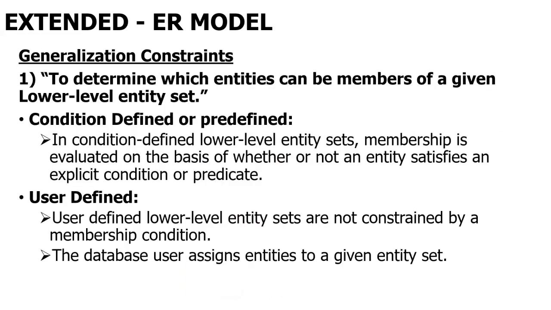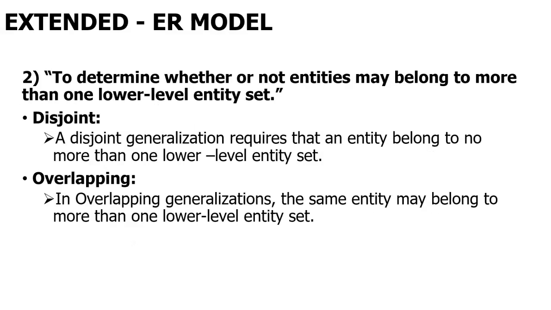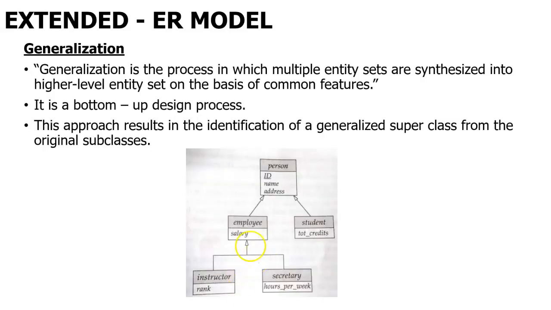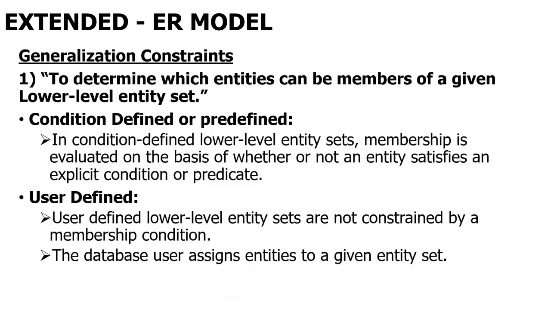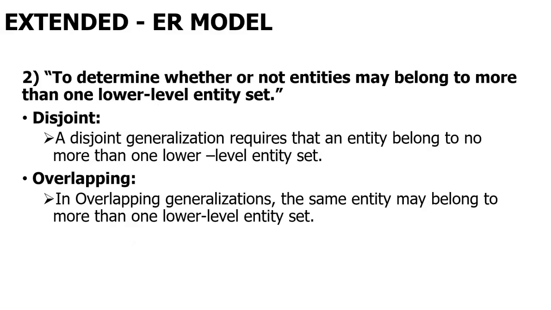Next, we have some constraints also. The first is to determine which entities can be members of a given lower level entity. We have a set of entities which belong to the lower level entity, and it moves from the lower level to the higher level, so you have to check which entity is part of the lower level entity. Next is to determine whether or not entities may belong to more than one lower level entity.